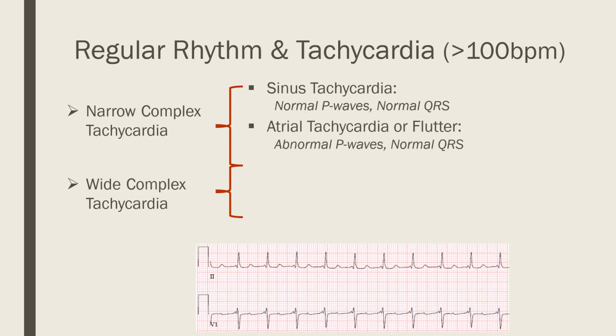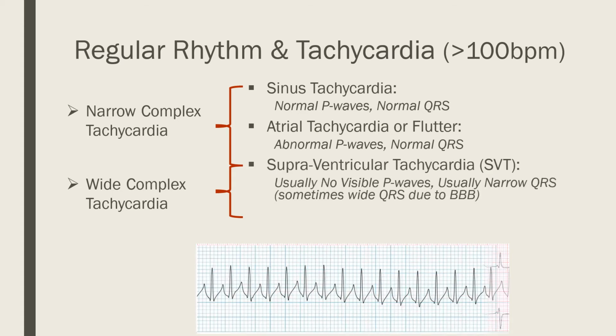Atrial tachycardia or flutter, there are abnormal P waves with normal QRS. And supraventricular tachycardia, usually no visible P waves with usually narrow QRS. This is narrow complex tachycardia. Sometimes the supraventricular tachycardia is with wide QRS due to bundle branch block. So it can cause wide complex tachycardia also.